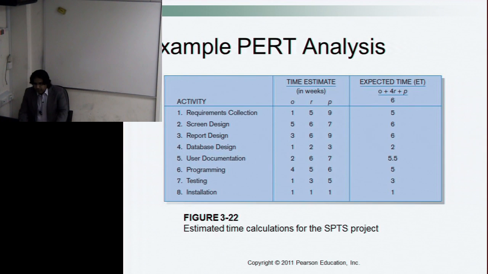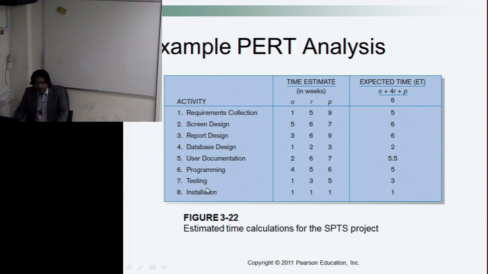So if, for instance, you look at this example, in this example we have given certain activities. For instance, requirements collection, screen design, report design, database design, user documentation, programming, testing, and then installation.